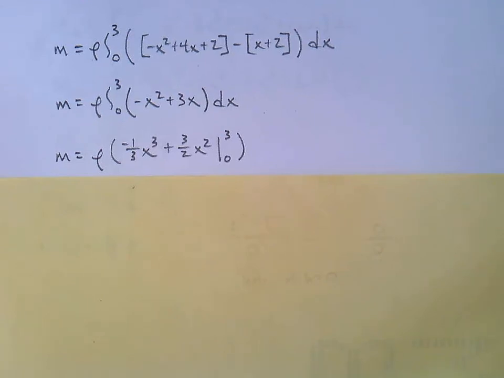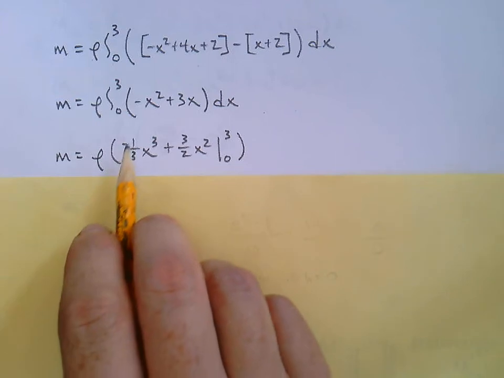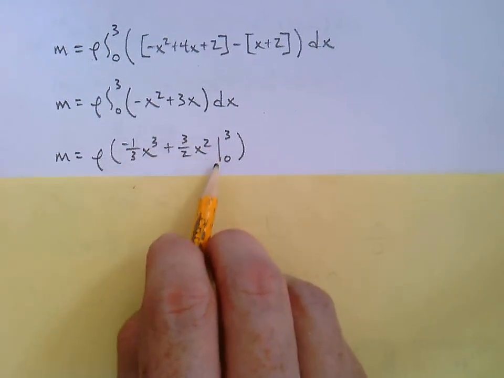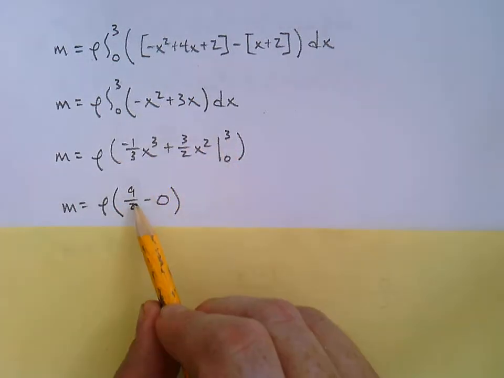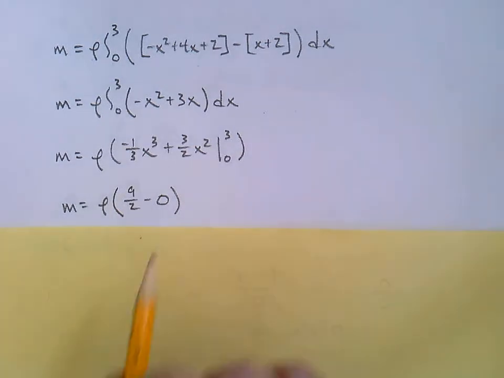And our integral, M equals rho times negative 1/3 x to the third plus 3 over 2 x squared from 0 to 3. And then plugging in our numbers, M equals rho, plugging in the 3, you'll get 9 over 2. Subtract, plug in the 0, and well, that's a nice 0. And so our total mass here is 9 over 2 rho.